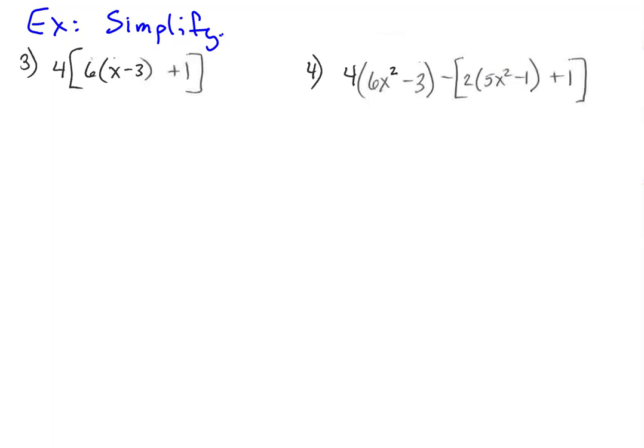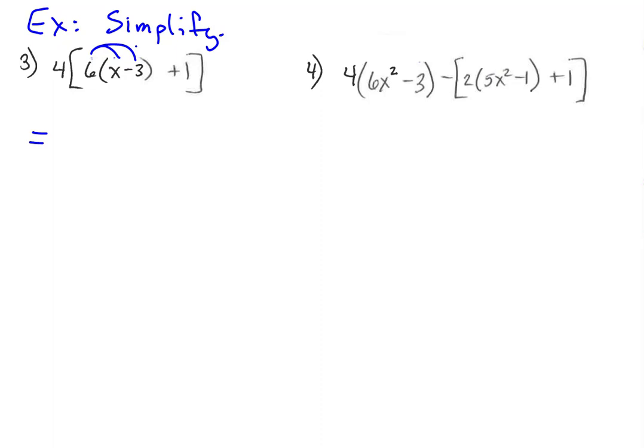The first problem reads 4 open bracket 6 open parenthesis x minus 3 close parenthesis plus 1 close bracket. Now, given what we've already understood with some basic algebra principles here, there is something to do in this, which is to distribute this 6 inside the brackets.